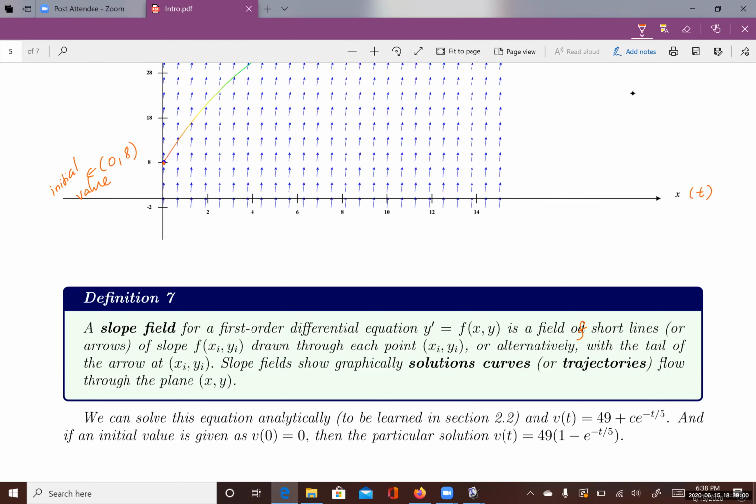Draw through each point (x, y), or alternatively with the tail of the arrow at (x, y).